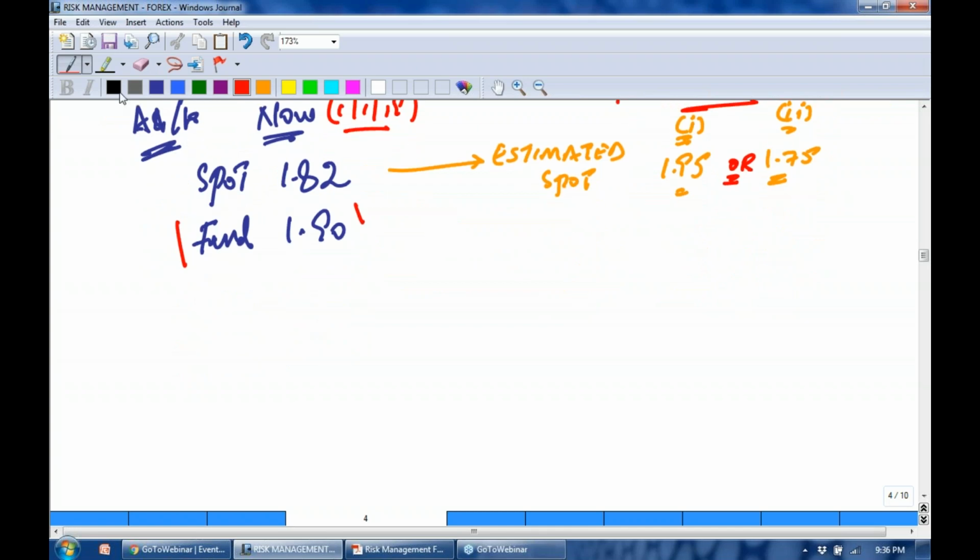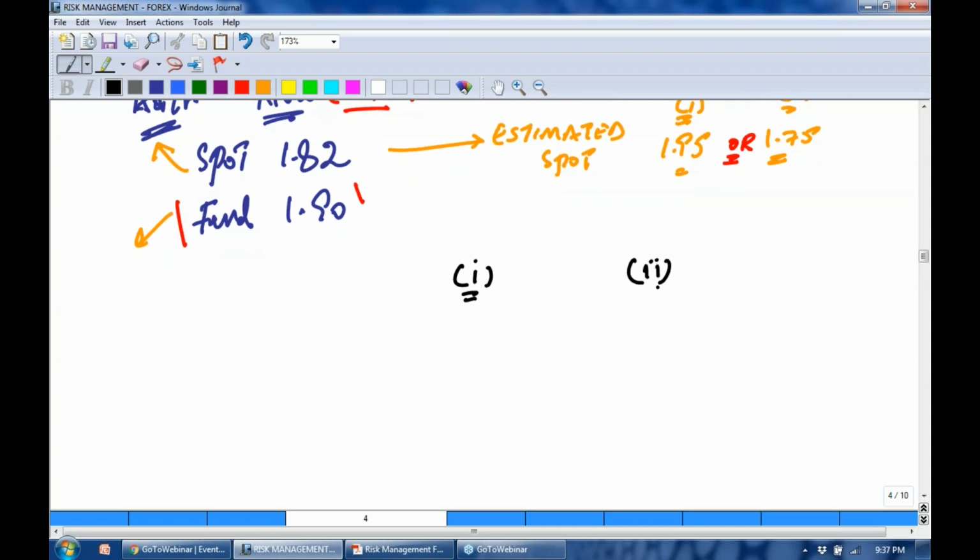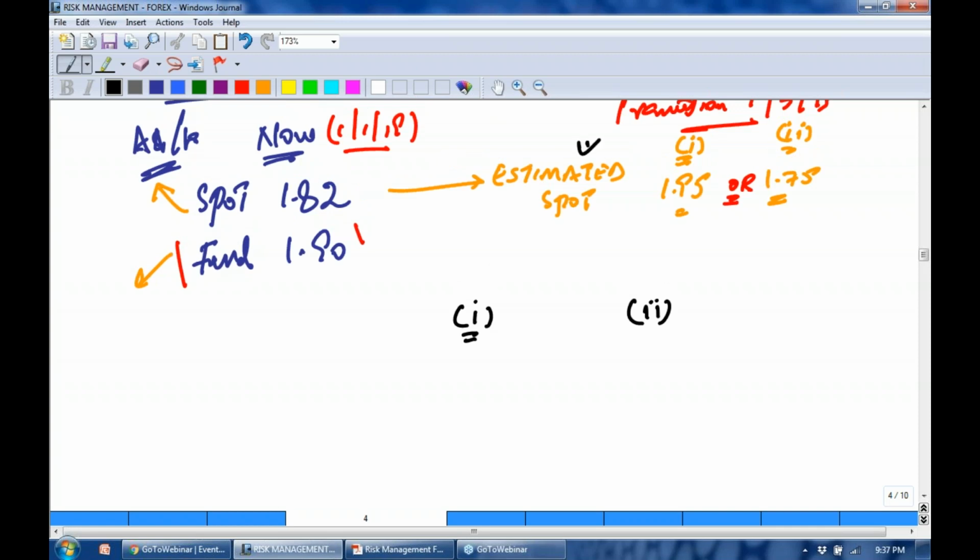But how will this actually work? Do remember one important point: the spot market is different and the forward contract is different. Situation number 1: if the first scenario happens, with estimated spot 1.95, we will go to the spot market. Listen carefully.